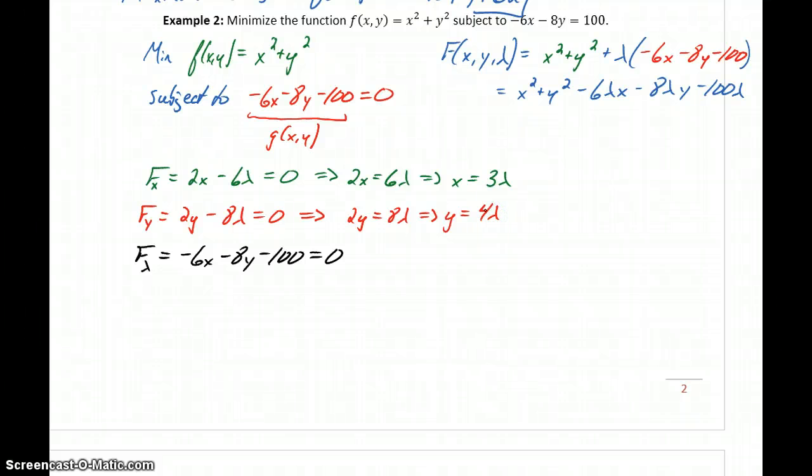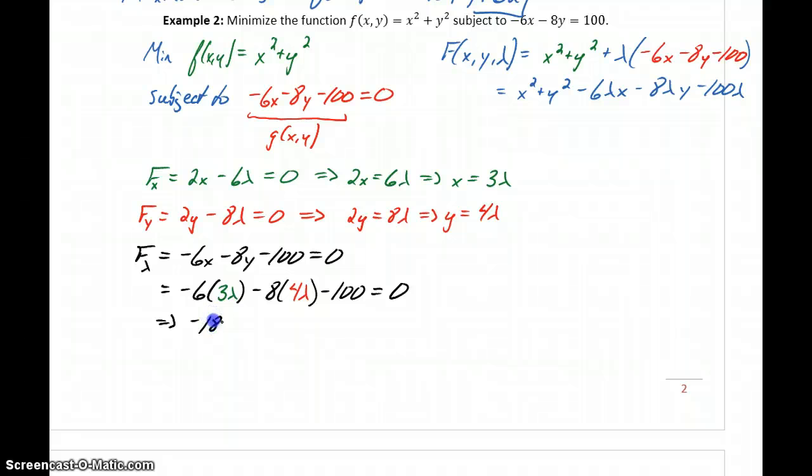And now we have two results that we can substitute into our derivative with respect to lambda. So this will become negative 6 times 3 lambda minus 8 times 4 lambda minus 100, still equal to 0.